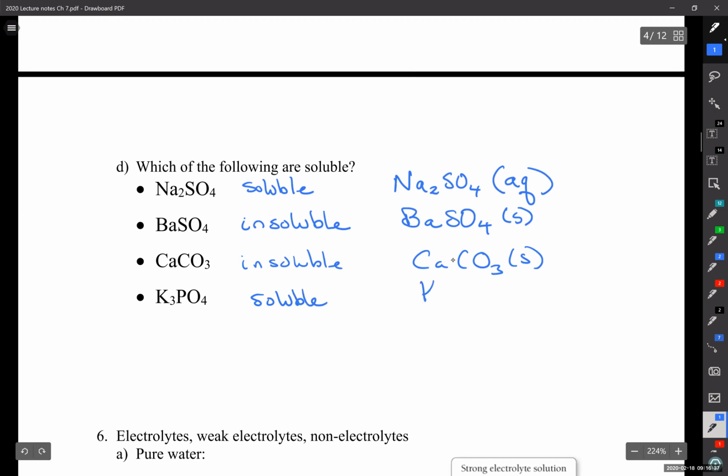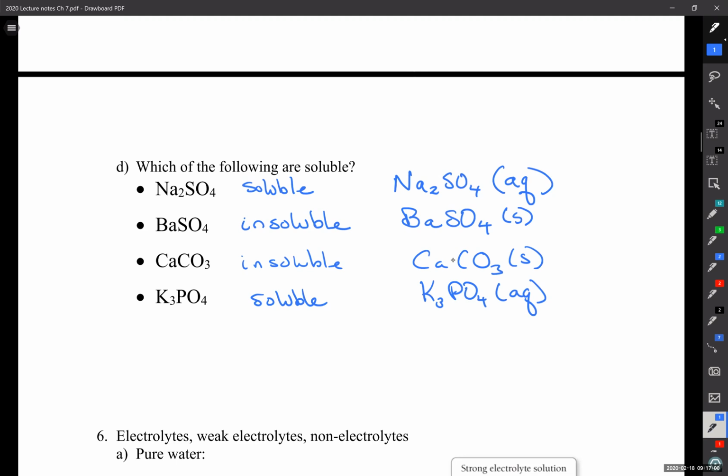So it'd be K3PO4 aqueous, okay? You will invariably at some point make that mistake where you know it's soluble and you write S because they start with the same letter. I didn't do this. It's just the way the language works.